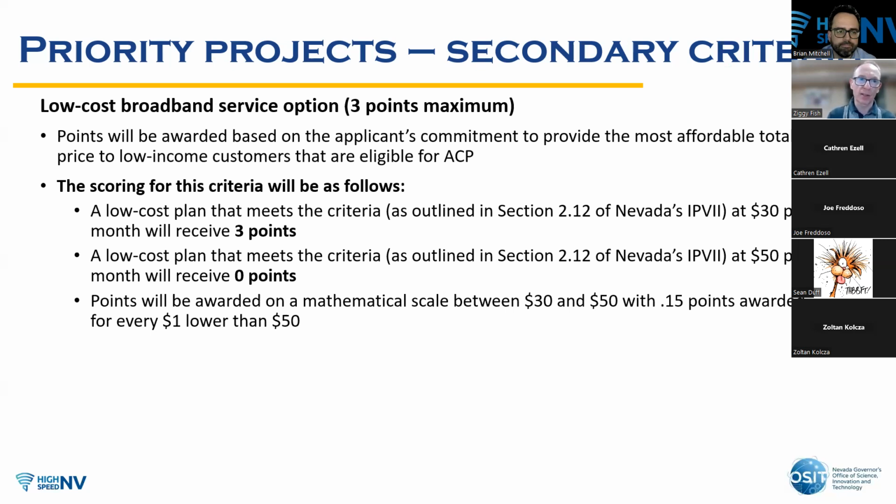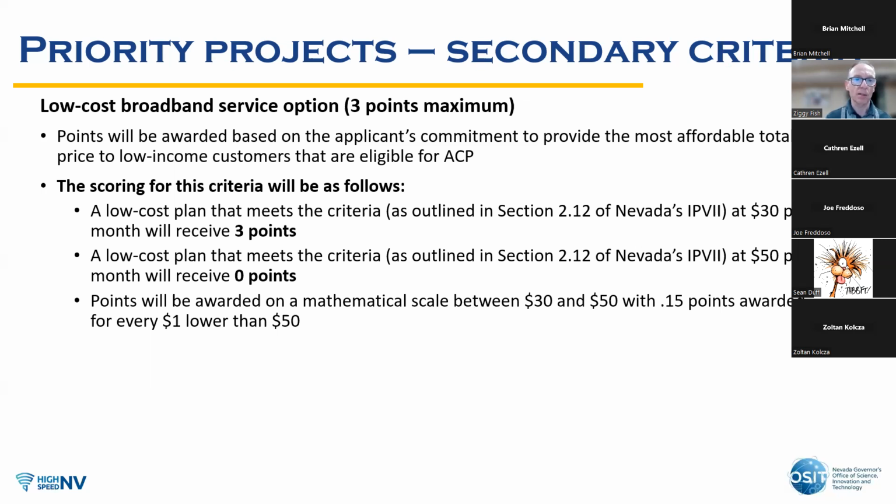And then the last criterion for priority projects is the low cost broadband service option. That's the service option that you'll offer for folks that are eligible for ACP can use. And so we're looking here for what you'll do for your low cost plan for qualified households.